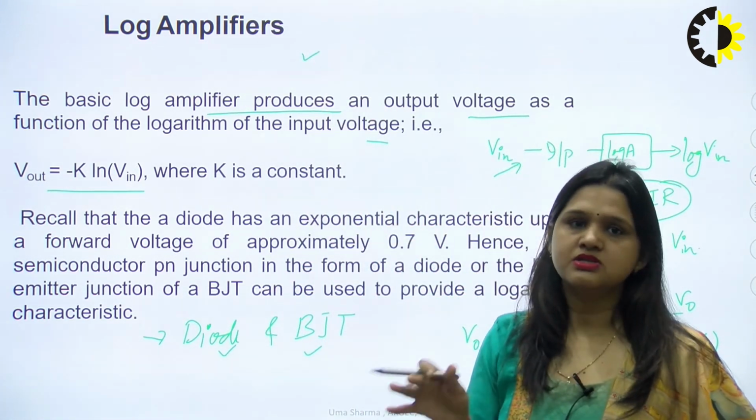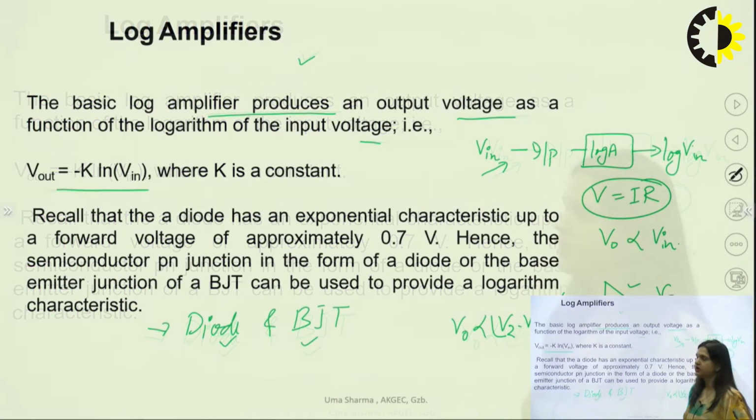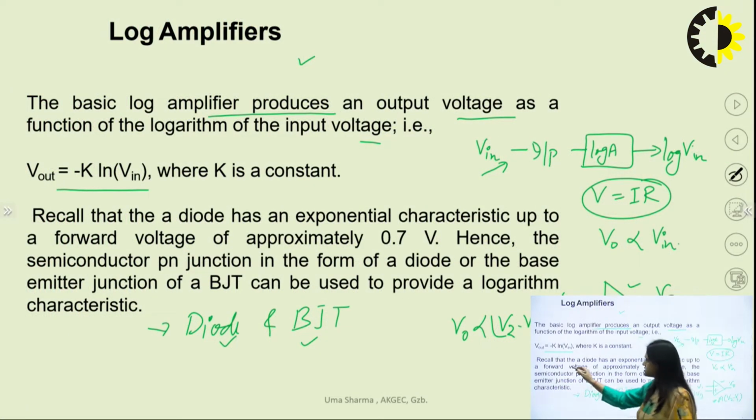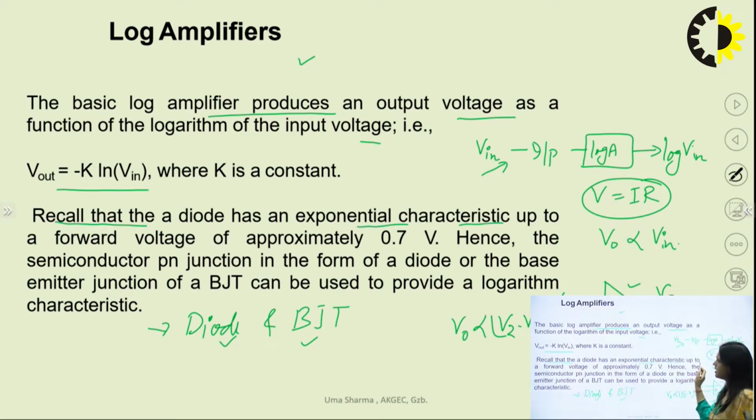You recall that a diode has an exponential characteristic up to a forward voltage of approximately 0.7 volt, and hence the semiconductor PN junction in the form of a diode, or the base-emitter junction of a BJT, can be used to provide a logarithmic characteristic, because the exponential relation already exists. So just by converting this exponential relation, we can implement the logarithmic amplifier.